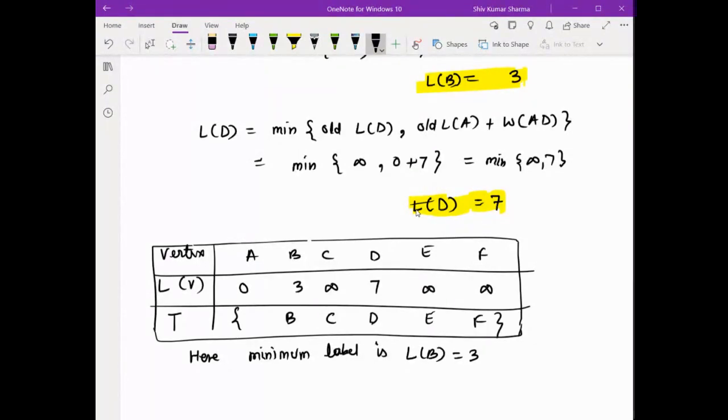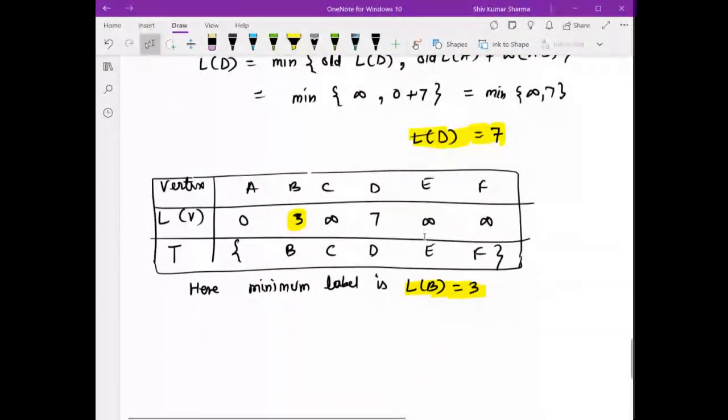Because we want to give the permanent level to one vertex, we check the minimum level again. Vertices B and D have levels 3 and 7, so the minimum level is 3, having vertex B. So now we give the permanent level to the vertex B.